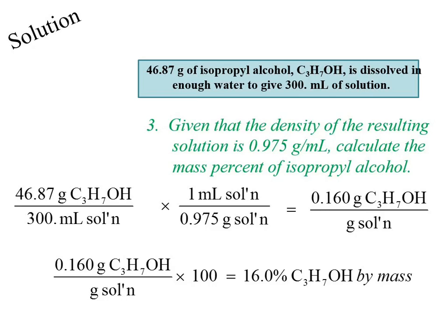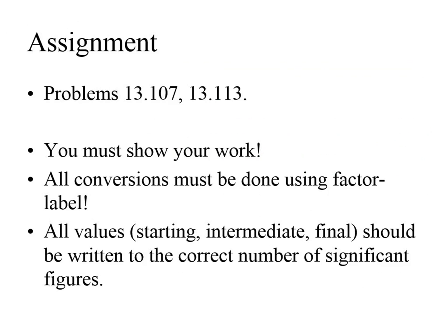So keeping it 3 sig figs, that's 16.0% by mass isopropyl alcohol. So this sort of problem, you can get to the weight percent if you're given the mass of the solute, the thing you're dissolving, the volume of the solution, and the density of the solution.